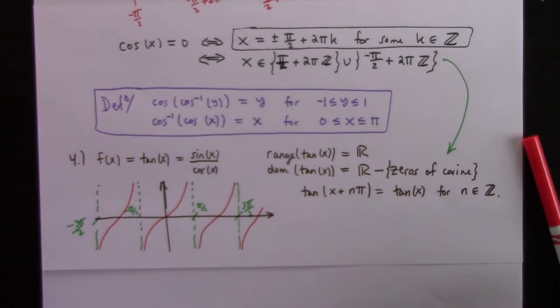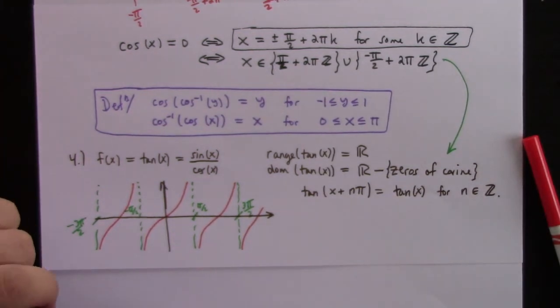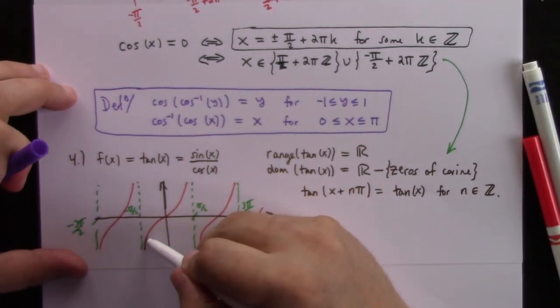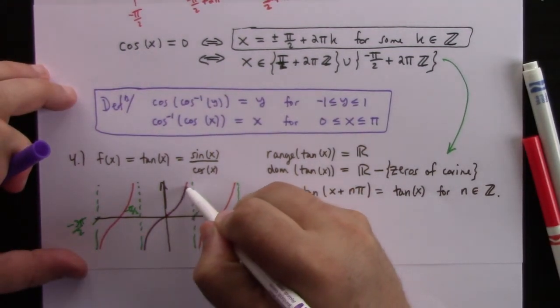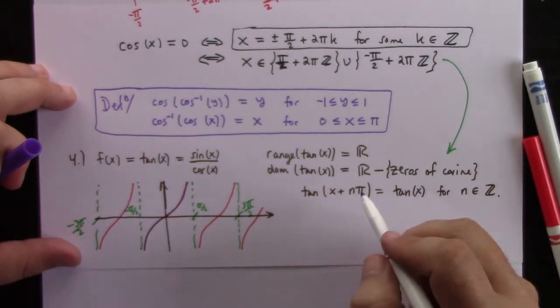So we can't find a global inverse tangent. However, if we focus our attention on just this central part of the tangent, then there's an inverse tangent for that.